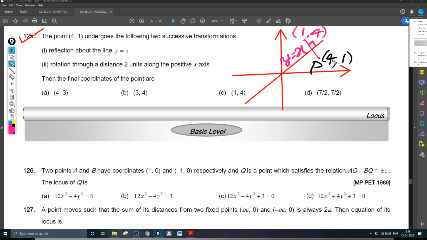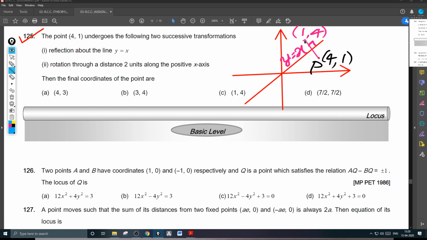That's right, Pratham. You said the reflected point is (1, 4), but again, there is a translation through a distance of 2 units along the positive x-axis. This is also to be understood. That means how many units it is moved forward.